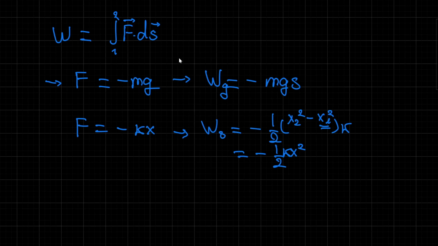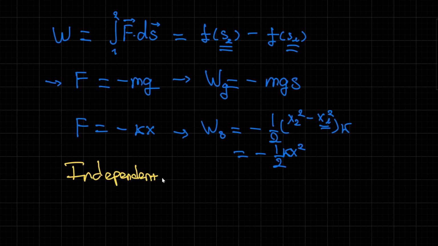So as you can see here, this integral you may write as F(s2) minus F(s1), where this F is the function for the derivative of the force, and it only depends on s2 and s1, or you can say that it's independent of the path that it has taken.